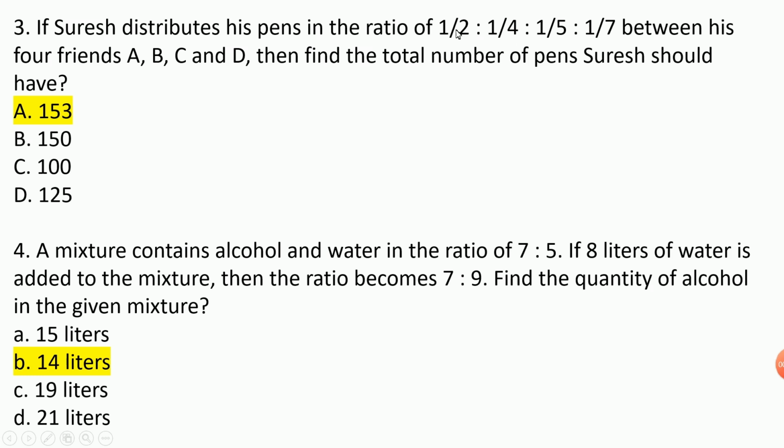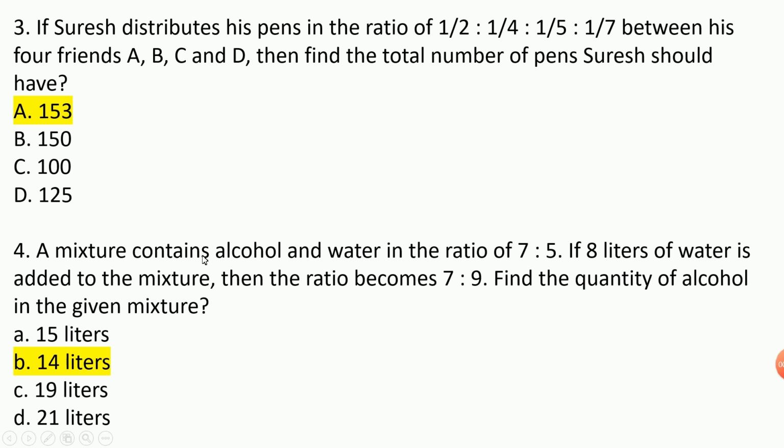So now adding everything: 70, 35, 28, and 20, the total summation would be 153. So that's how we get the answer here.